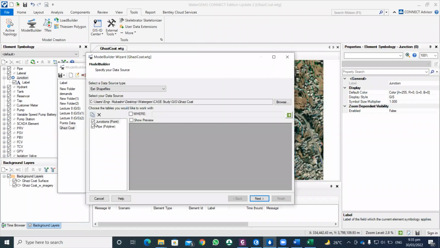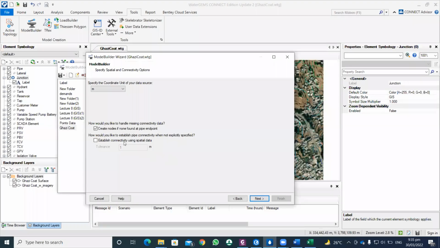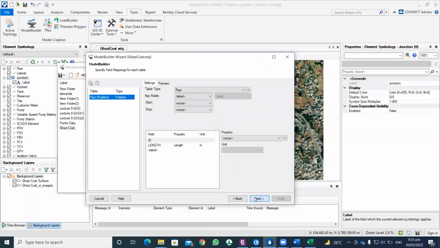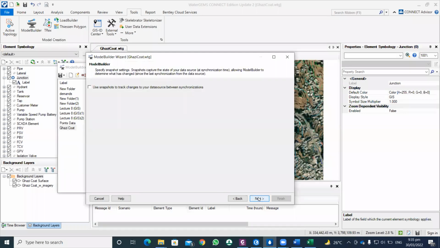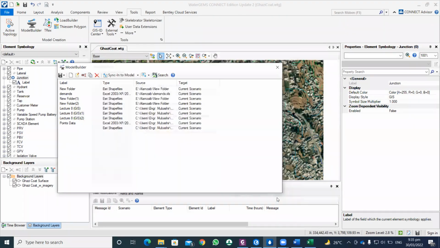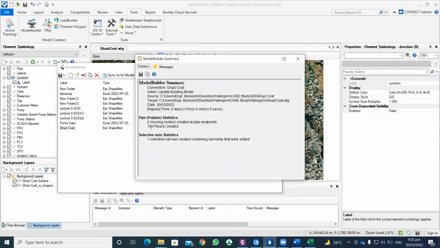There's something I'm missing, I think. Okay, establish connectivity using spatial data. So this should be on in order to import the pipes. Okay, two missing nodes created at point.